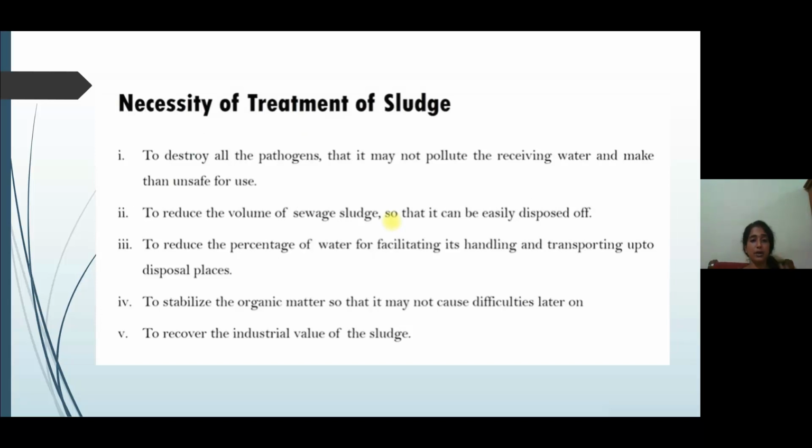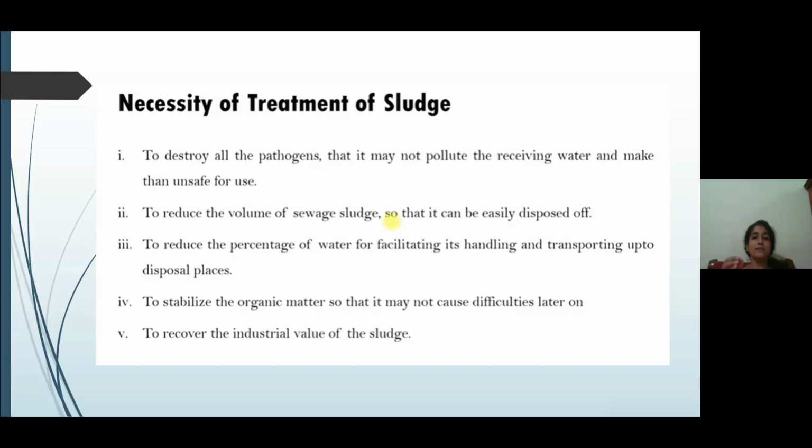In order to destroy the pathogens present in the sludge, that is, most of the organic matter will be present in the sludge itself, and it will create unhealthy conditions if we dispose of this sludge directly onto the land or on the water body.